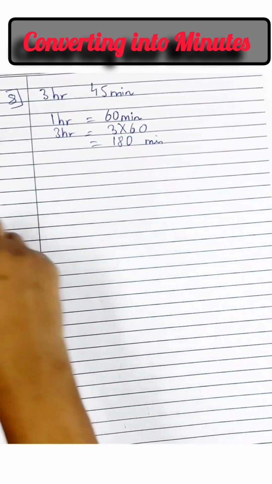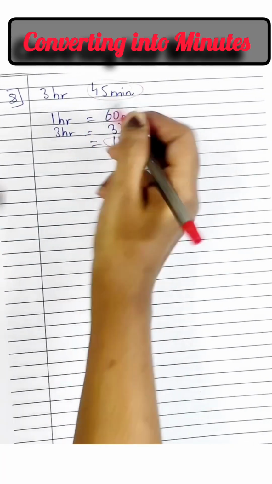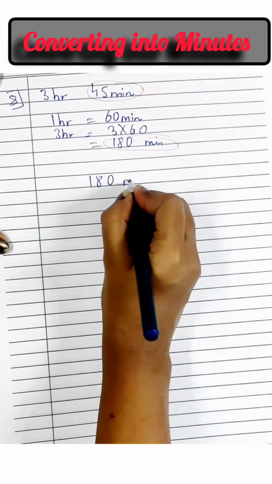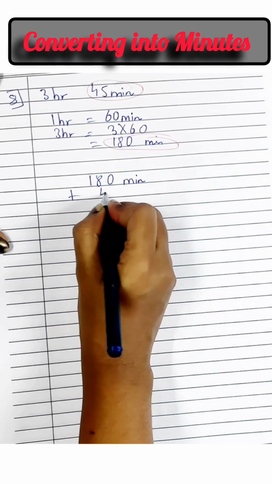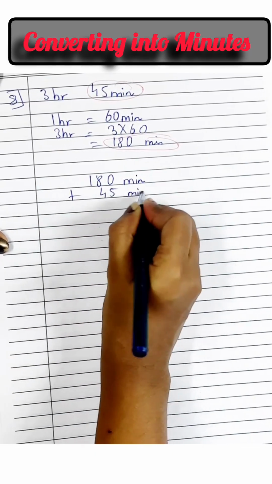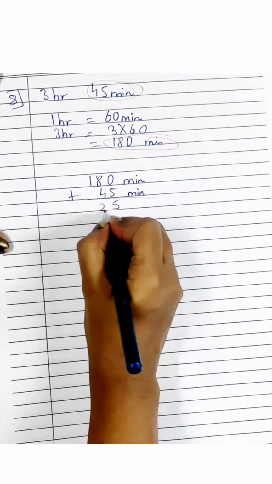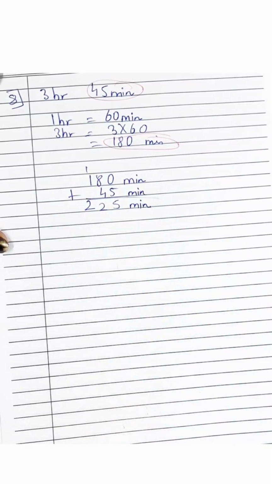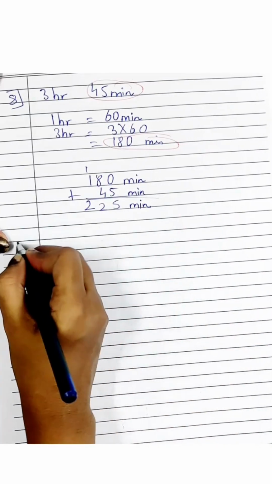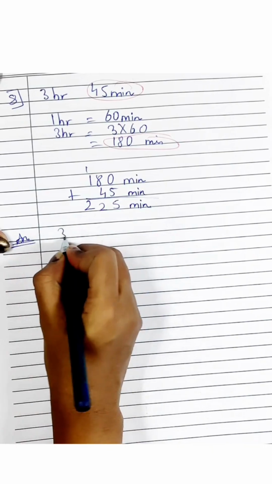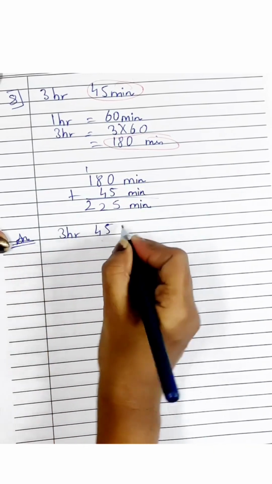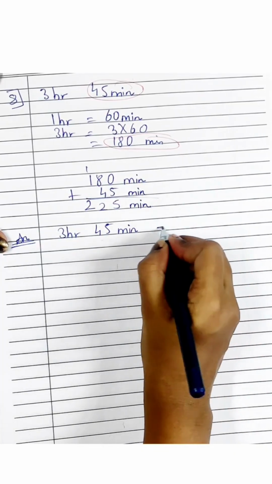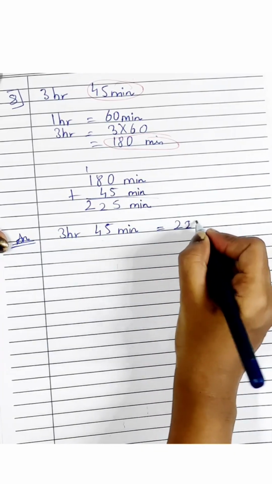Now first you will add both the minutes. 180 minutes plus 45 minutes. So your total minutes is 225 minutes. So if we convert 3 hours 45 minutes into minutes, our answer will be 225 minutes.